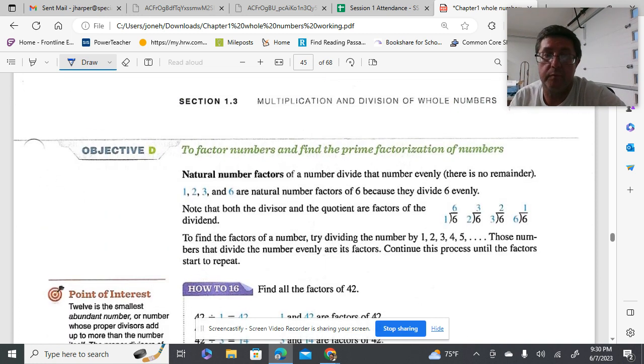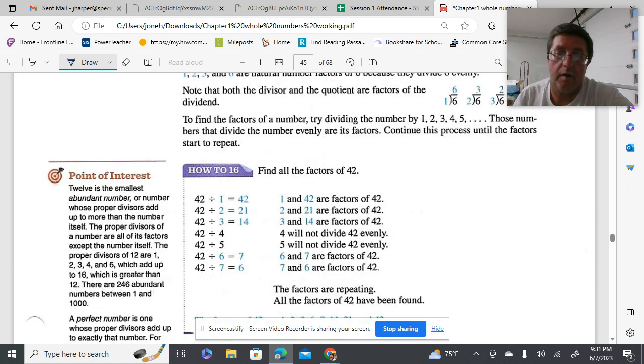Okay, so factor numbers and find the prime factorization of a number. I am not real big into this because you guys are using calculators, but I will go over it.